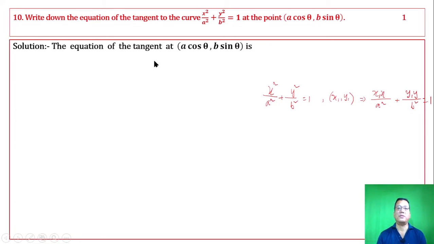The equation of the tangent at x1 equal to a cos theta and y1 equal to b sin theta: replacing x1 with a cos theta and y1 with b sin theta in the formula, we simplify and get this. 1 mark.